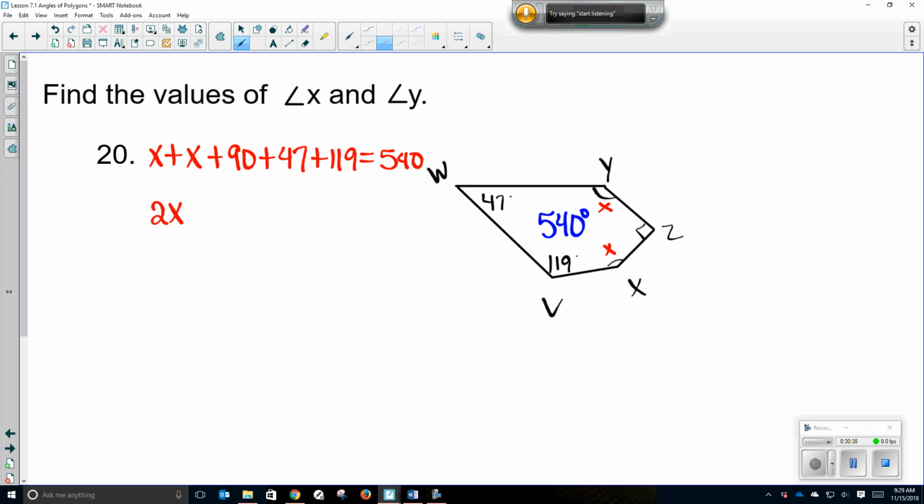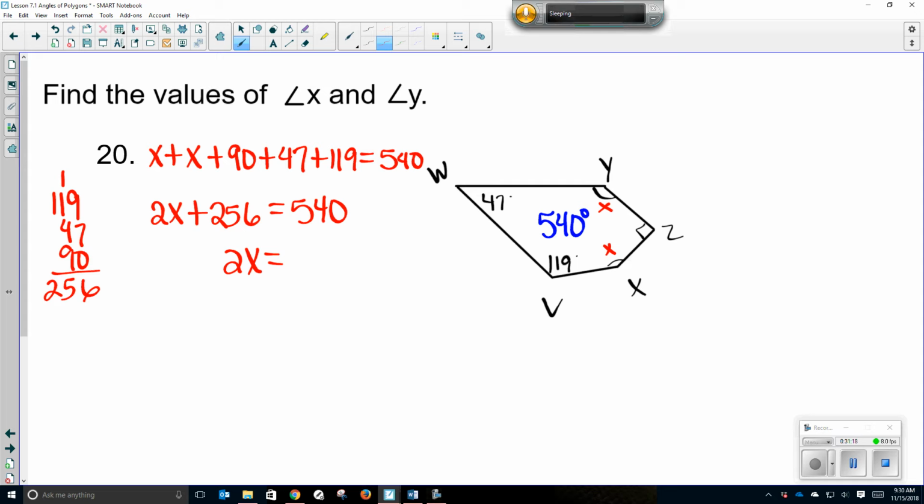So that's 2x plus 256. So 2x is equal to 540 minus 256.